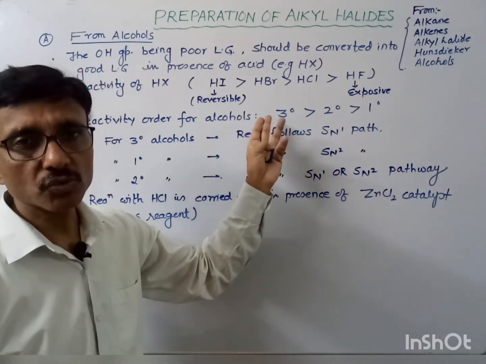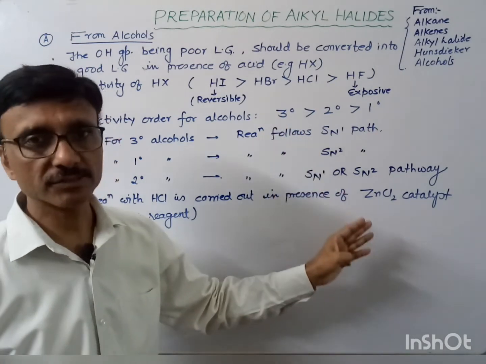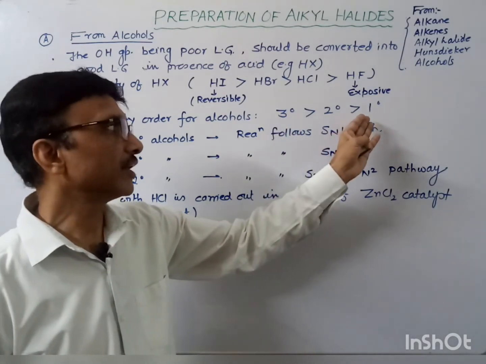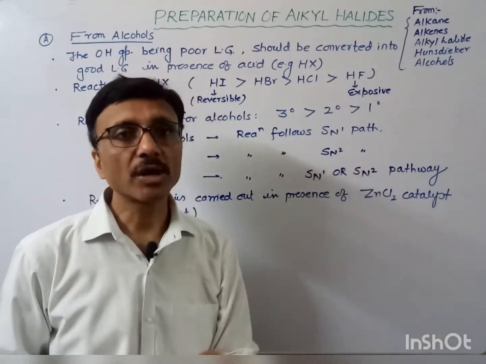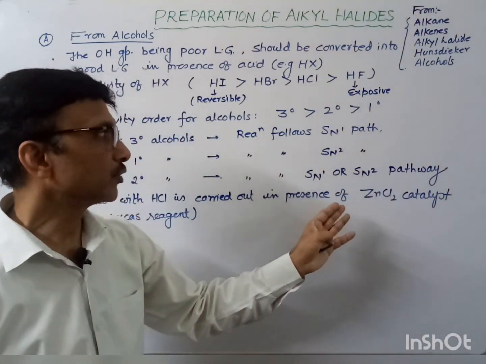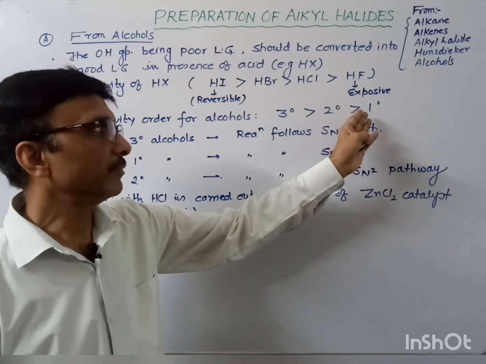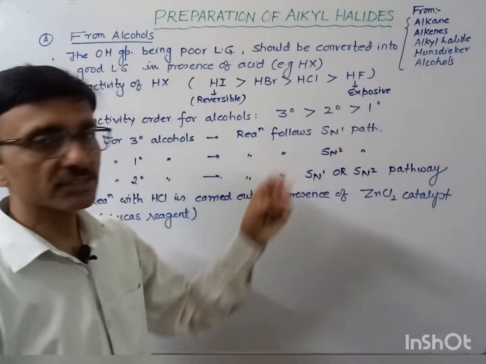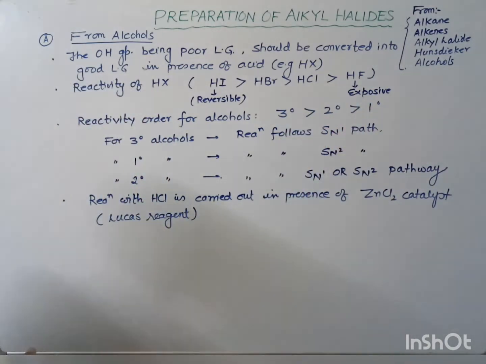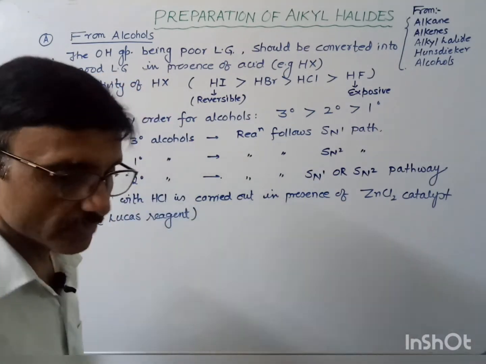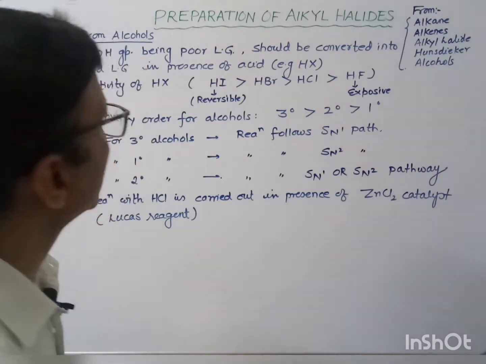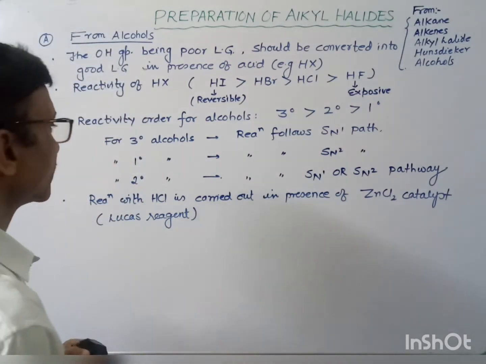But if we are using primary alcohol, no doubt, this Lucas reagent or ZnCl2 catalyst will make the reaction fast, as well as the secondary alcohol. Okay, so this is about some of the points when we are using alcohol for the preparation of alkyl halide.